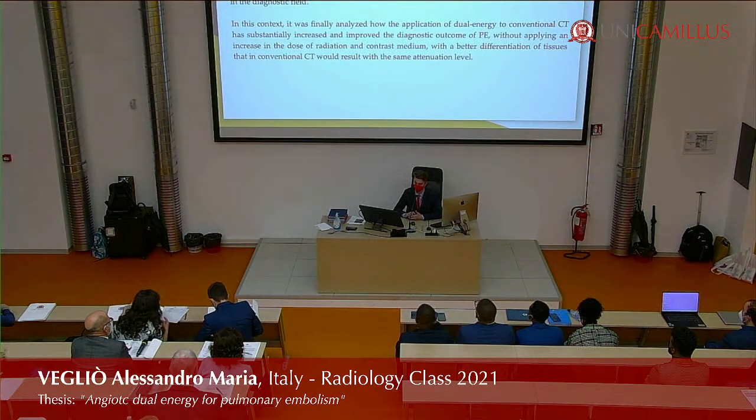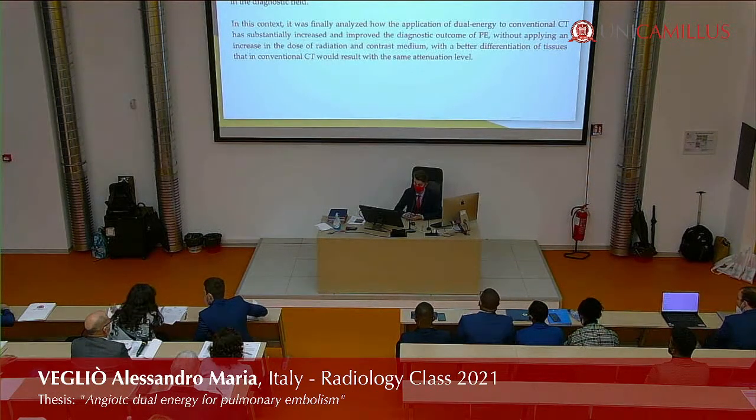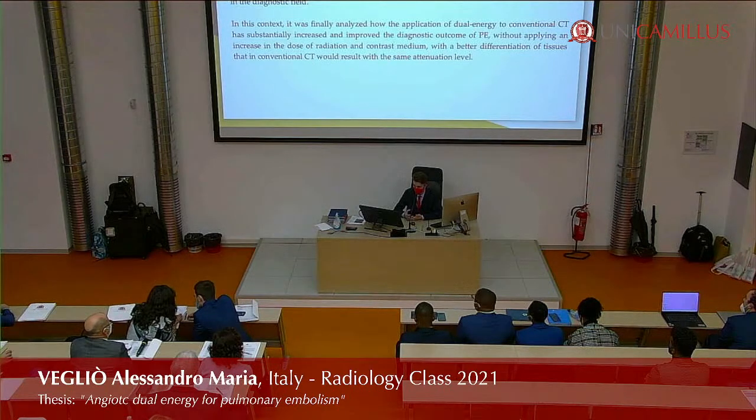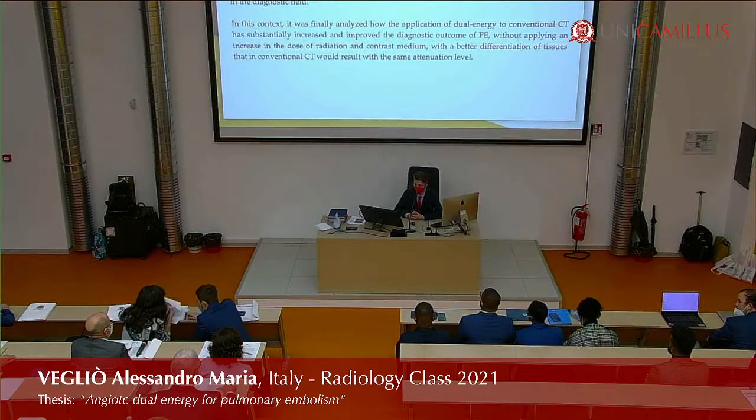Sometimes there's the possibility that a small embolus goes in the circulation but does not occlude the pulmonary artery, so we don't have the filling defect in the image, and we can fail the diagnosis.